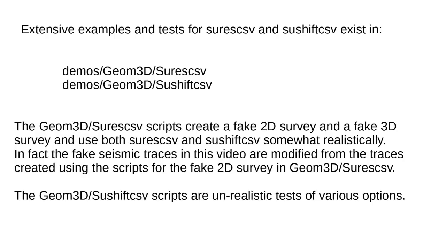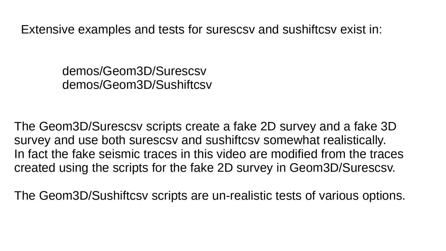Extensive examples and tests for SU-res-CSV and SU-shift-CSV exist in Demos Geom3D, SU-res-CSV, and Demos Geom3D, SU-shift-CSV. The Geom3D SU-res-CSV scripts create a fake 2D survey and a fake 3D survey, and both use SU-res-CSV and SU-shift-CSV somewhat realistically.